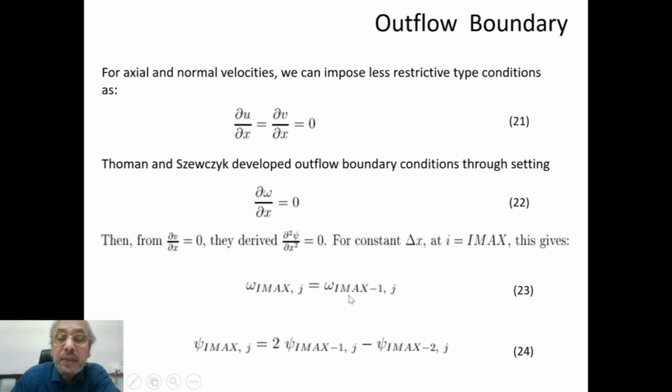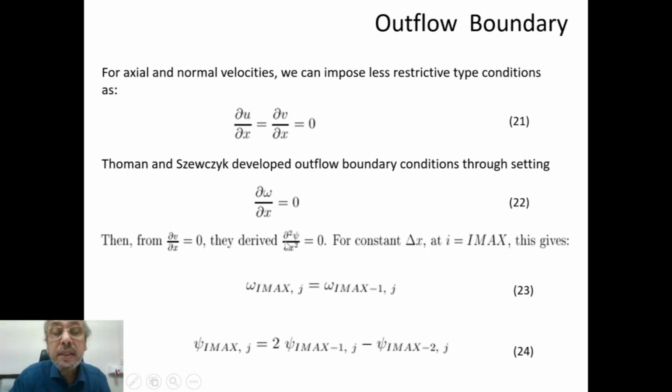You can see that del omega del x equal to 0: omega at I max, j throughout the column, all j's, minus omega I max minus 1, that means just the previous point for all j's, divided by delta x equal to 0. Which finally culminates in omega I max, j equal to omega I max minus 1, j. This is del omega del x equal to 0.